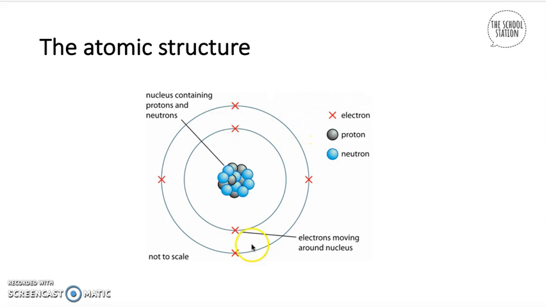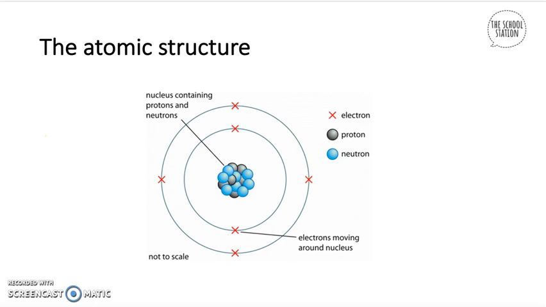Then, as you can see, these circles around the nucleus are called shells, and the shells have electrons inside them. So this is how atoms look inside. They have protons and neutrons in the nucleus, and then they have shells surrounding the nucleus, which have electrons in them. This is just a basic overview of the atomic structure.